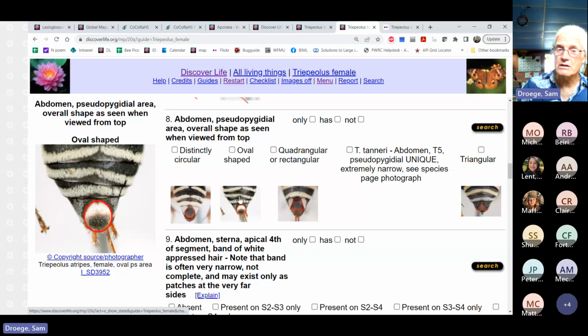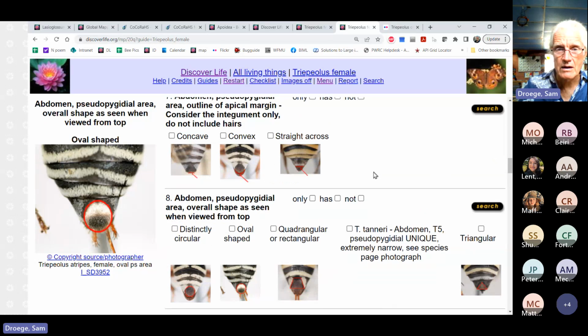So the other approach is, well, it's either circular or oval, then you would cover your bets and do them for both. And you say, I know it's not triangular, narrow, or this one. So this is fine. It does eliminate whatever these are in there, and you haven't guessed. So we are guess averse in using these guides.